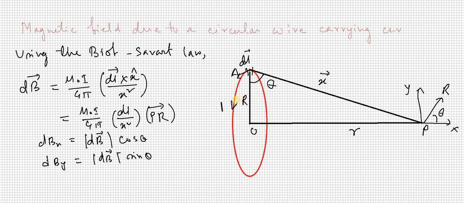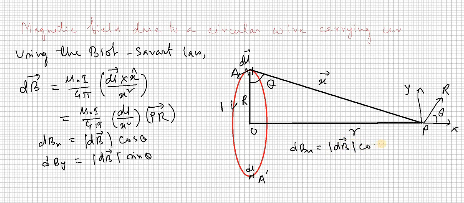For the geometrically opposite point, suppose this is A dash, if we consider an elementary length dl there, we will have a dBx component which will be the same as in the earlier case.